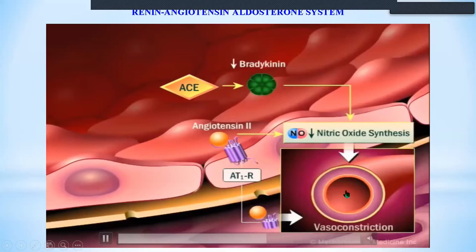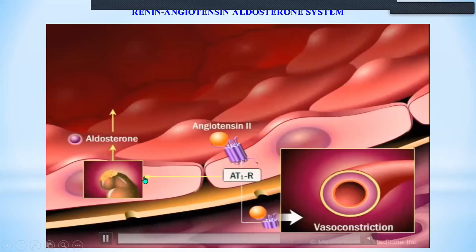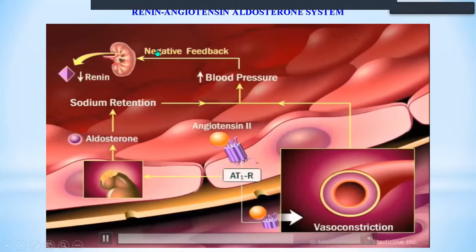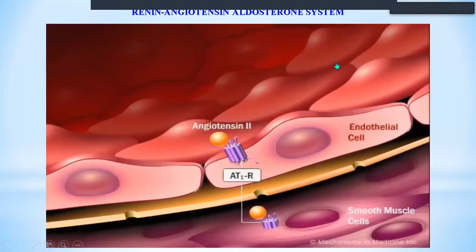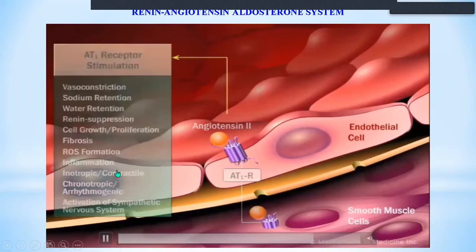They are going to be activated, and smooth muscles will be contracted. Here we can see that smooth muscle constriction is produced by angiotensin 2, whereas aldosterone is released and causes sodium retention and increased blood pressure, which causes a negative feedback mechanism to release less renin. Angiotensin 1 receptor stimulation causes vasoconstriction, sodium retention, water retention, and other effects like ROS formation.